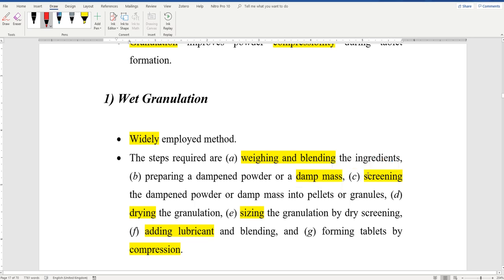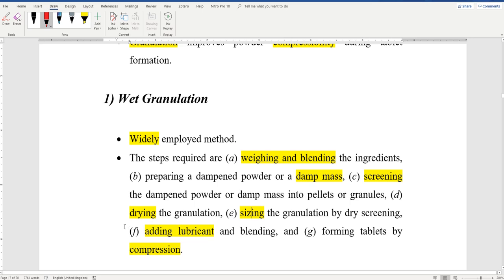After wetting the mass by adding a binder solution, we need to break this wet mass by screening the wet mass into granules. Then we need to dry the granules, and then this is a very important step, we need to control the size of the granules. We don't want granules, some of them to be big, some of them to be small. So we unify or we allow the granules to be produced within a certain size range.